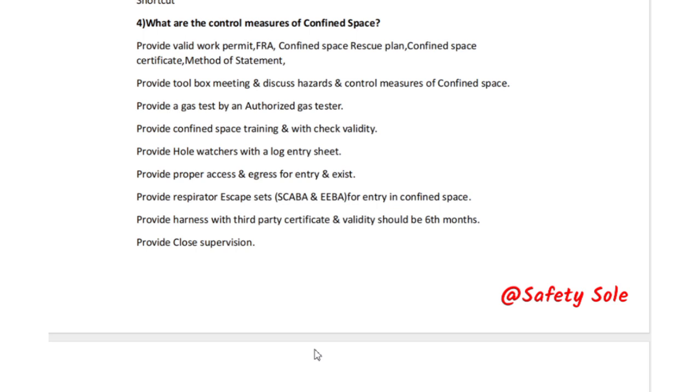All these are great control measures for confined space.